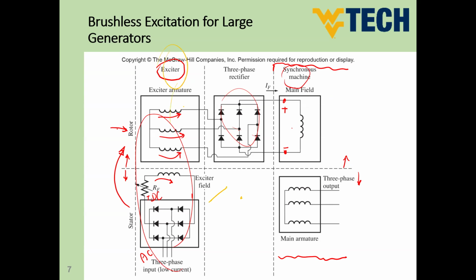So this is the windings on the rotor side of the exciter. This is the windings on the stator side. Here we have a rotating rectifier, and this is the main machine, which is the synchronous machine. So we have here the field winding on the top, and here we have the armature winding on the stator side. So this is called, guys, brushless excitation for large synchronous generators.